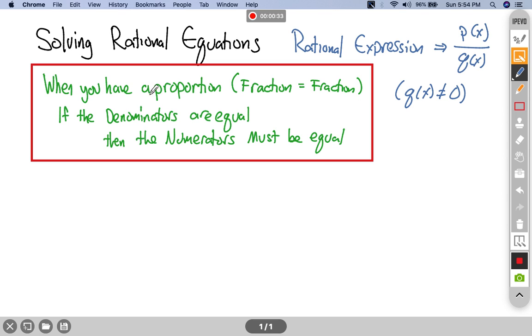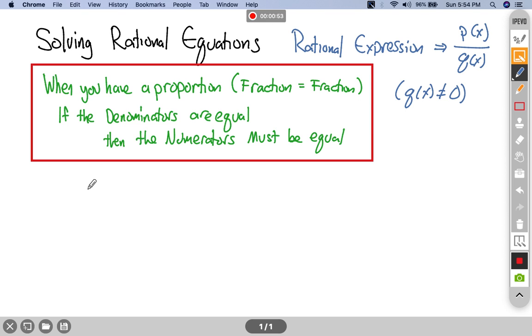because we're coming back to this idea. We have a proportion, and a proportion means I have an equation that's basically a fraction equals a fraction. If two fractions have to be equal, then we can say if the denominators are equal, the numerators must also be equal, and we can take advantage of that to help us solve.